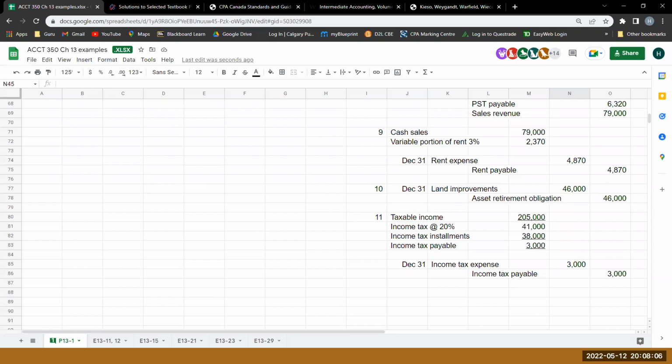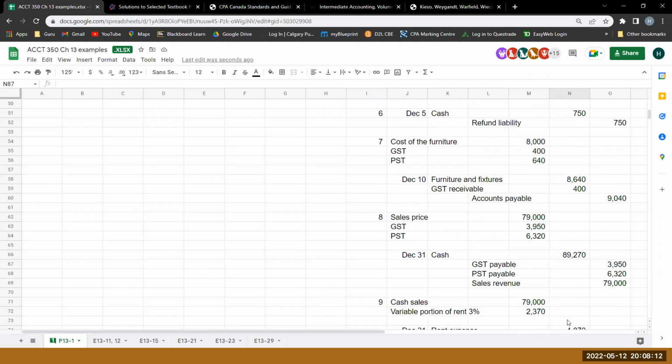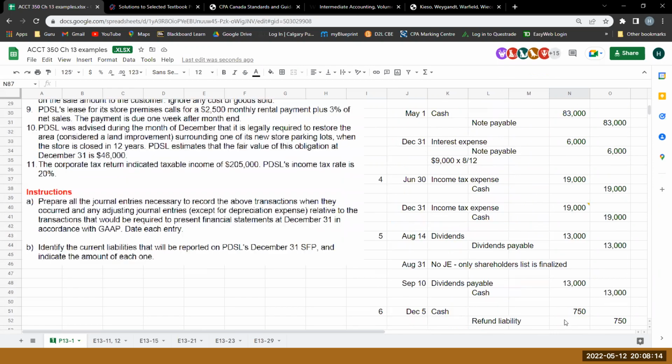And Sue's asking in the chat box, for income tax, can we also use prepaid income tax? Since you're paying tax installments, Sue, it's best to just debit the expense. I don't think there's any law against it. You can very well use prepaid income tax, and then at the end of the year, you calculate what your total income tax expense is.